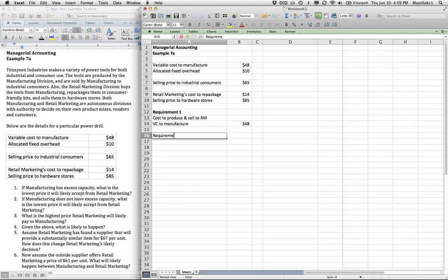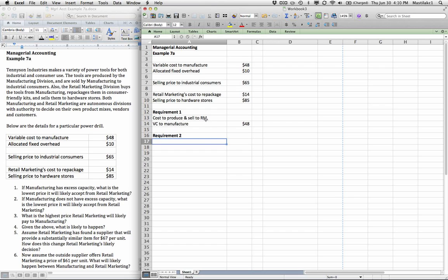Requirement 2, what if we don't have spare capacity? In this setting, we are making and selling as much as we can, and our industrial customers are buying all of this item that we can make. And so if we sell to our retail marketing internal customer, we're giving up the opportunity to sell units to our outside industrial customers.